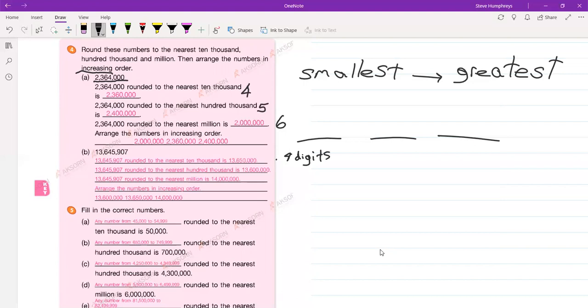Then you're going to round it to the nearest 100,000, last 5 digits. And then you're going to round it to the nearest million, the last 6 digits. Then arrange your 3 answers again in increasing order, from the smallest to the greatest.